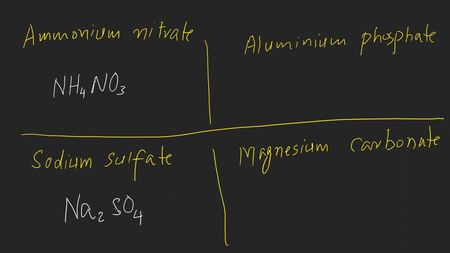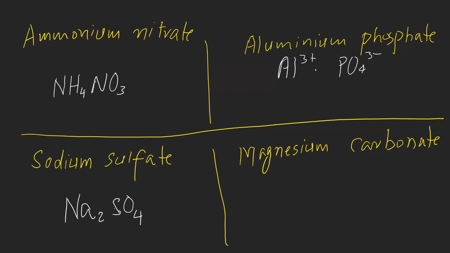I'll do aluminum phosphate and magnesium carbonate here again. So aluminum is 3 plus, and phosphate is 3 minus. When the charges of cation and anion are exactly the same, they cancel each other.